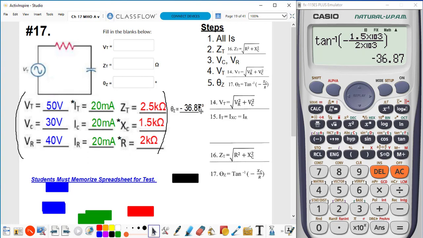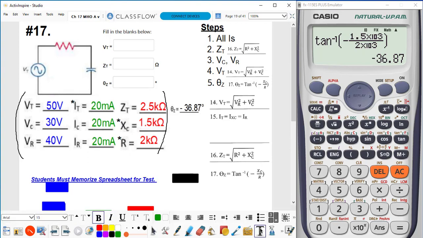Now on your homework and on the test, you do not have to type in degrees. Just type in, make sure you do negative though, 36.87. You don't have to try to type in the degree symbol. Alright, so we've got that answer.